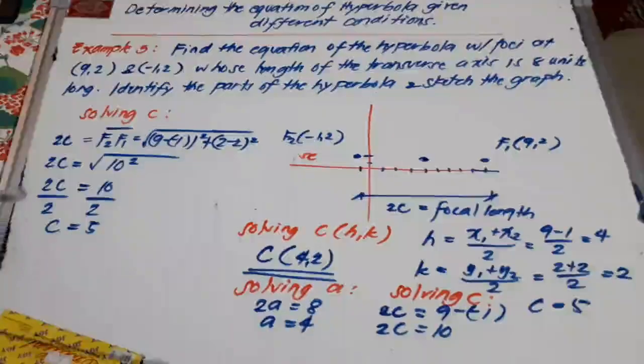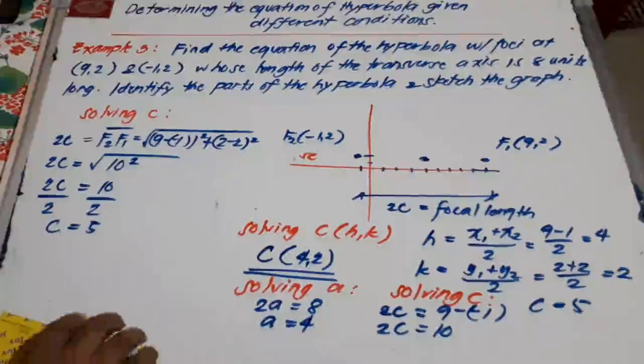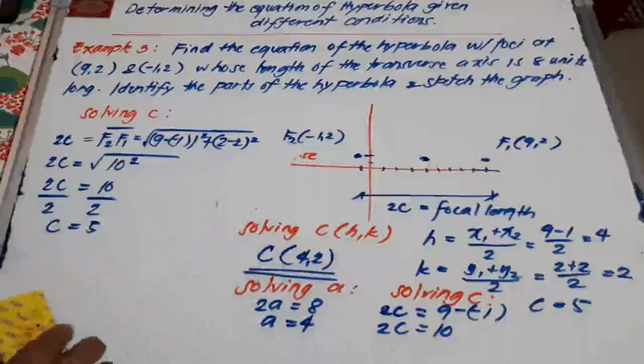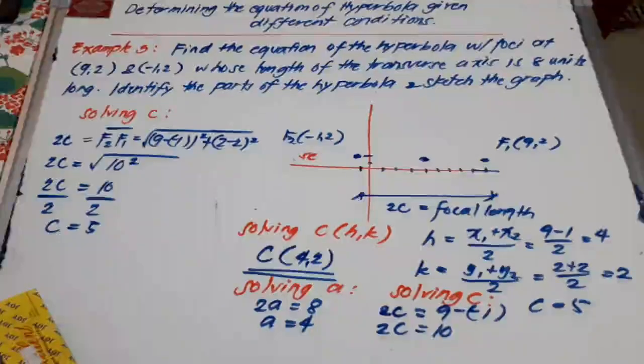Okay, parehas din. Since mas madali ang gawin ito dahil they have the same ordinate, you subtract na lamang yung kanilang abscissas to determine the distance between that 2 points. Okay?